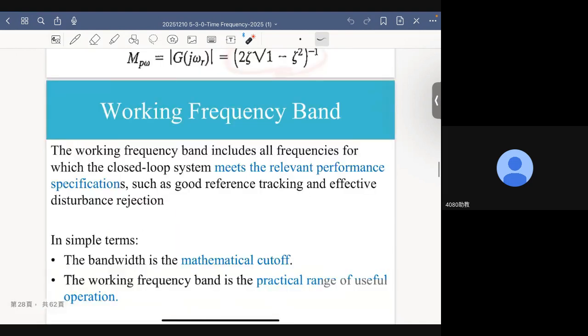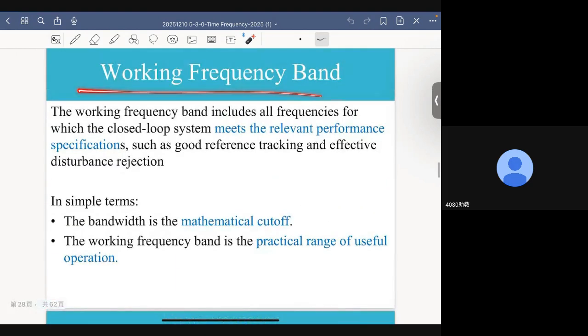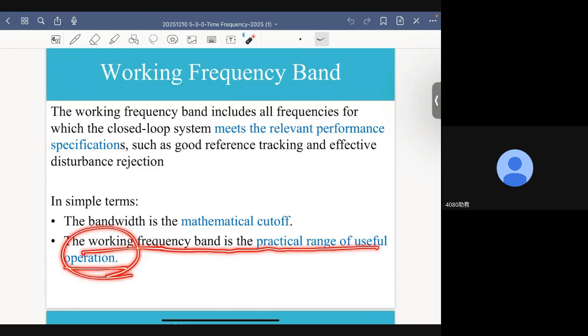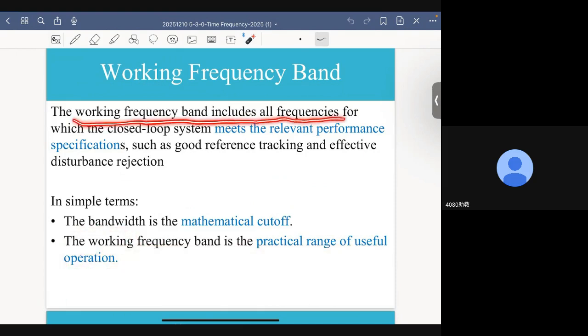Okay. Now, what is the working frequency band all about? The working frequency band is the practical range of useful operation. All right. The working frequency band includes all frequencies for which the closed loop system meet the relevant performance specification. All right, such as the bookshelf loudspeaker we just saw.